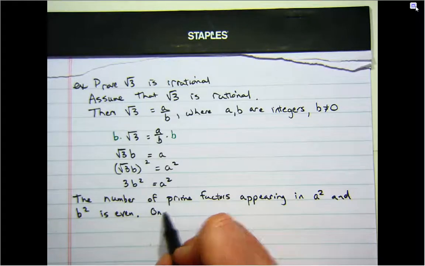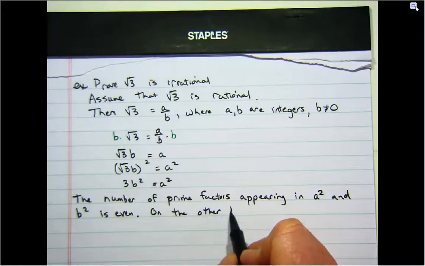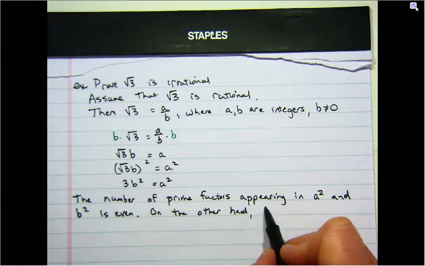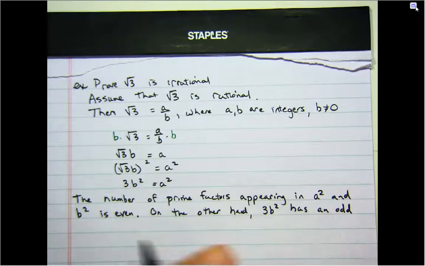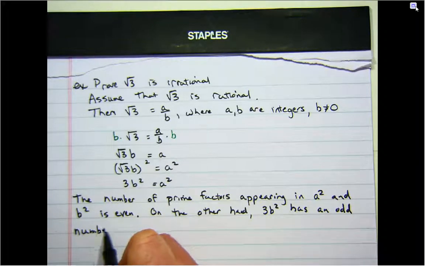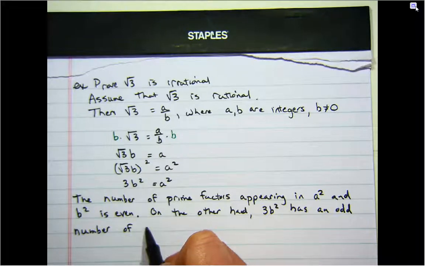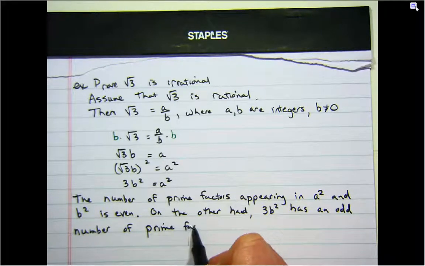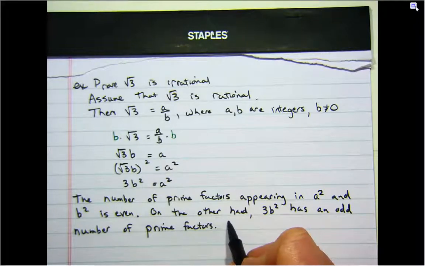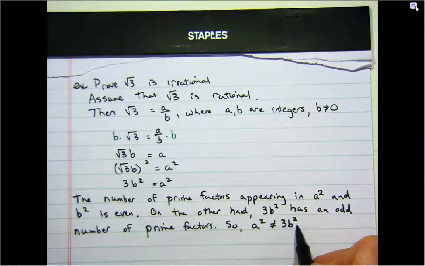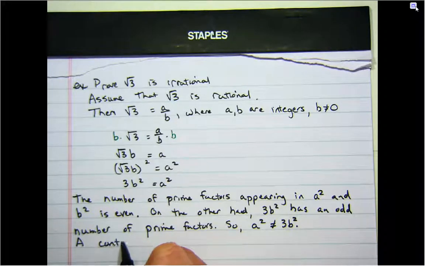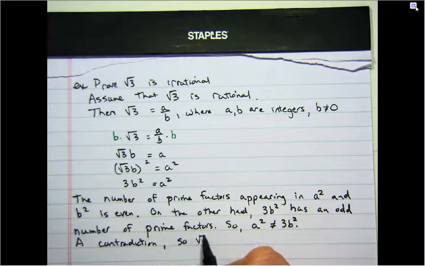On the other hand, 3b squared has an odd number of prime factors. So, a squared does not equal 3b squared. A contradiction. So the square root of 3 is irrational.